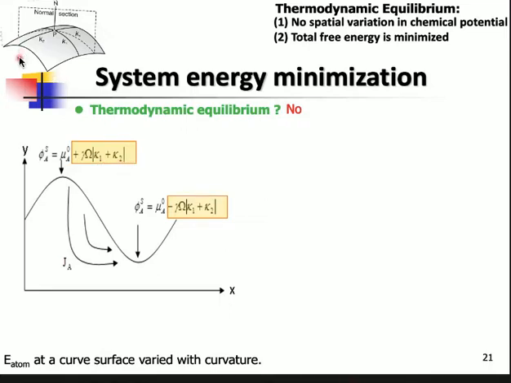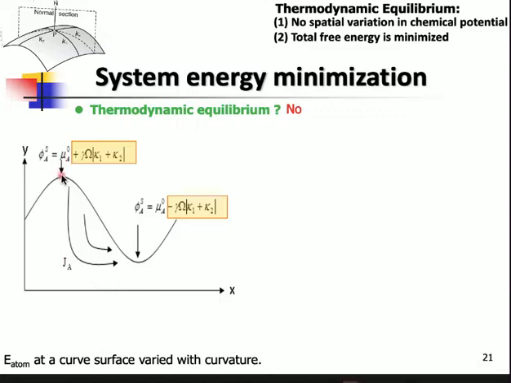In order to well describe a curved surface, engineering mathematics tells us that you need to use the curvatures κ1 and κ2 to describe the geometry of a curved surface. And the curvature is usually the reciprocal of the radius. So if you look carefully, yes, there's a variation in chemical potential, right?